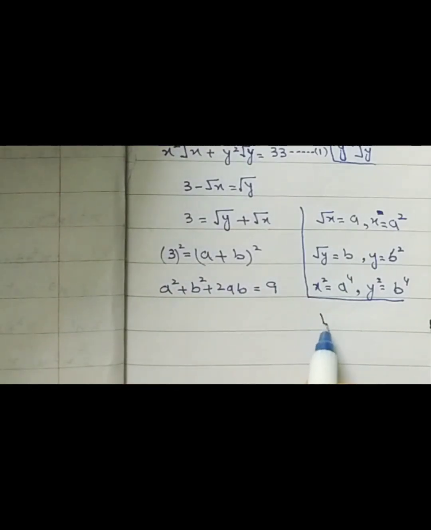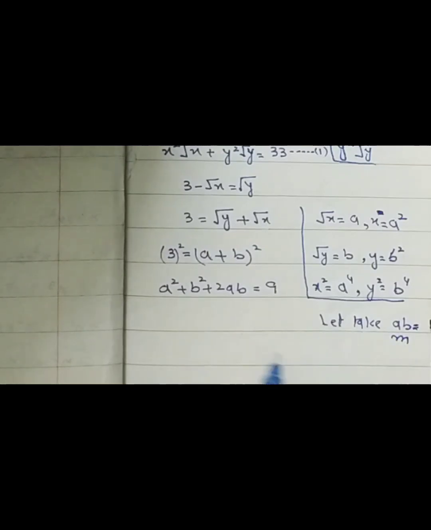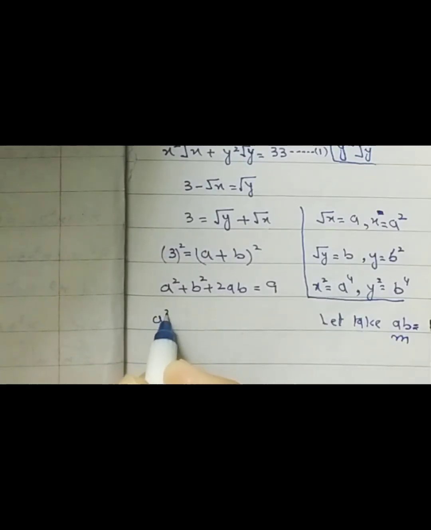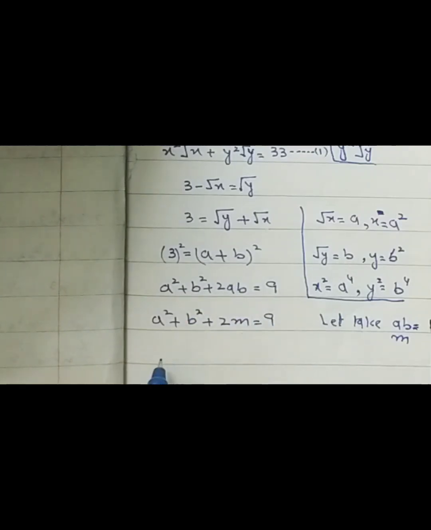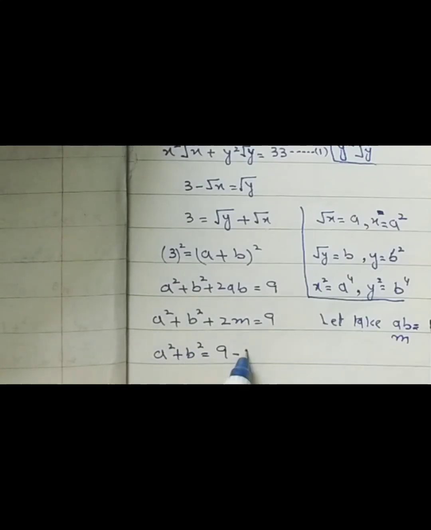So once again, let's take ab is equal to m, just to solve our question very simply. So now we have a square plus b square is equal to 9 minus 2m.